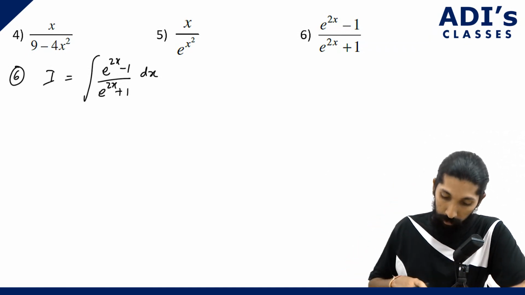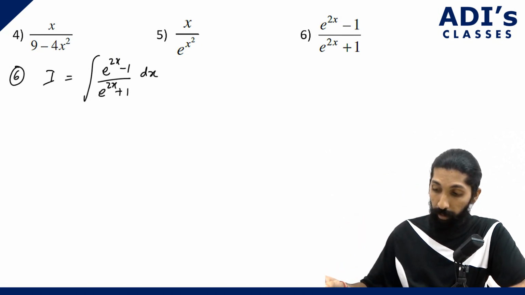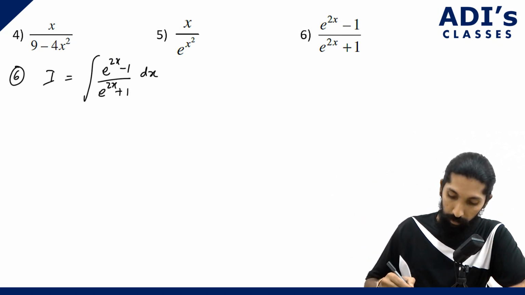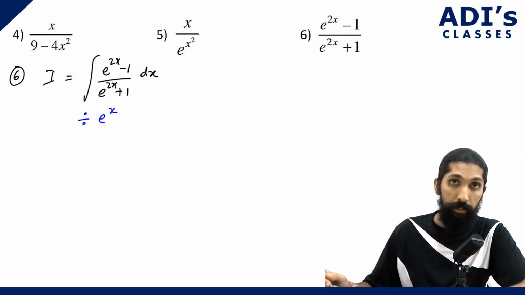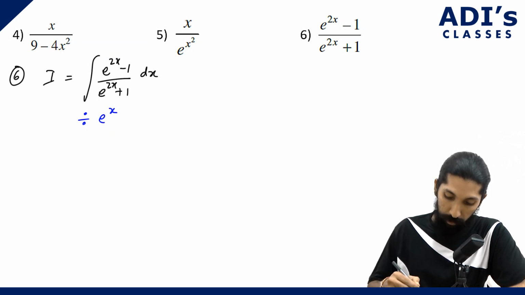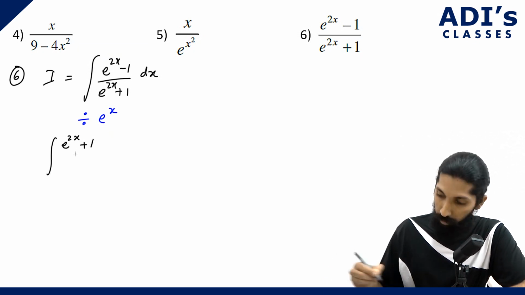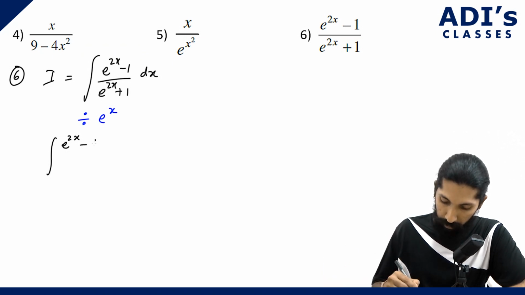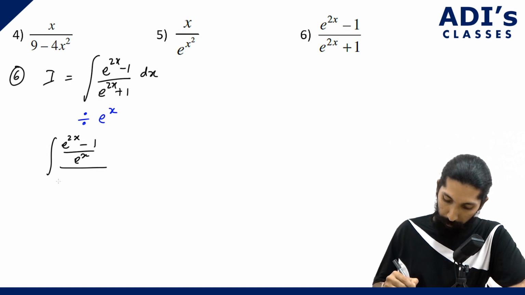See, in this one, before you substitute, let's divide the numerator and denominator by e to the power of x. That means you will have the integral of e power 2x minus 1 by e to the power of x, by e power 2x plus 1 divided by e to the power of x.